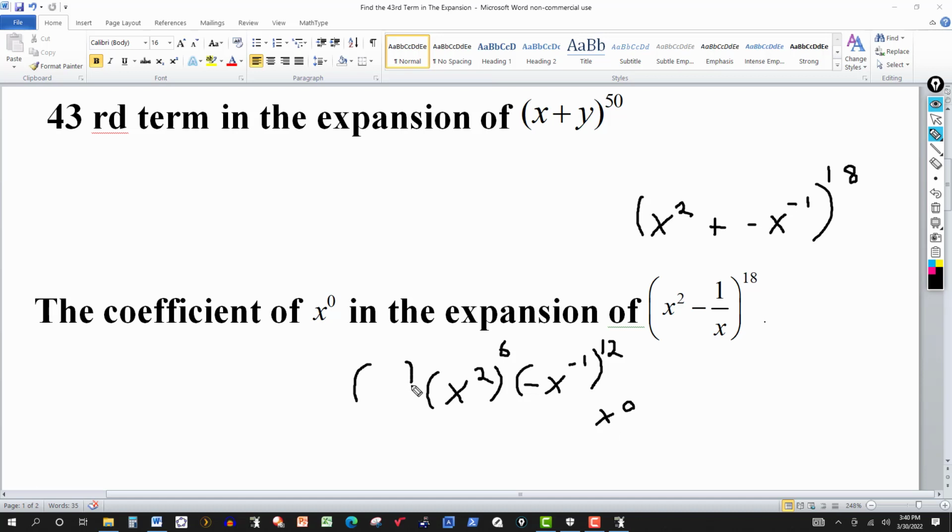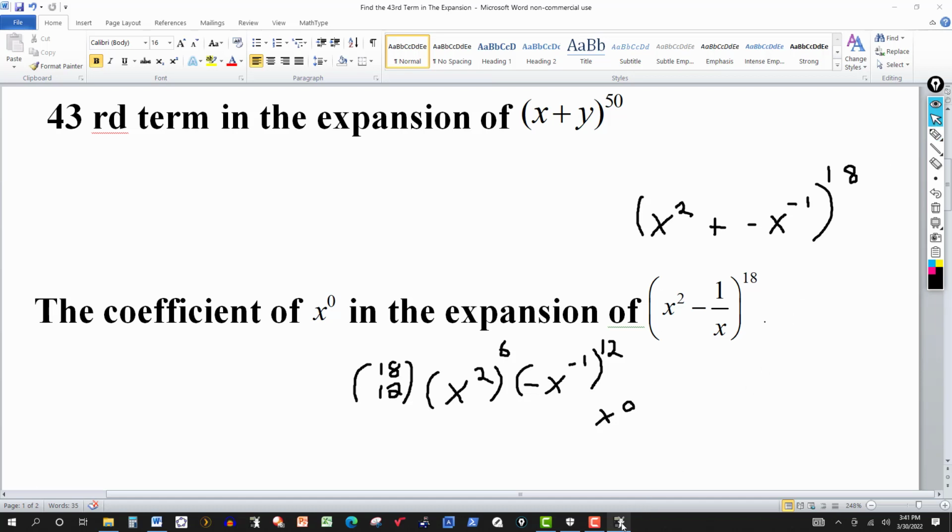Using the formula, the n in this case is 18. And the number in the bottom should be, again, whatever you have for the second term. The second term here, remember, is minus x to the negative 1. So this should be a 12. There you have it.